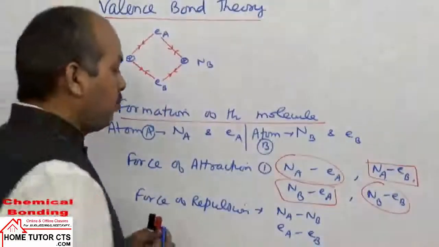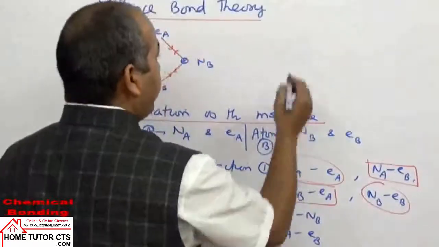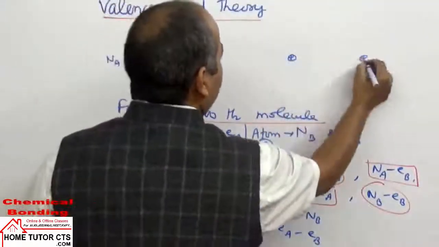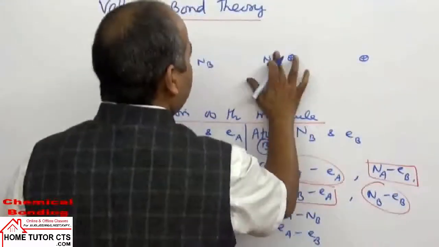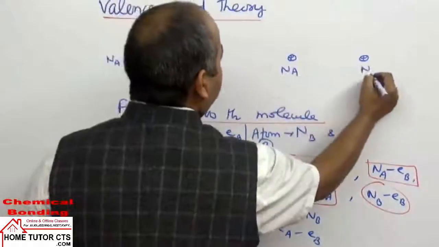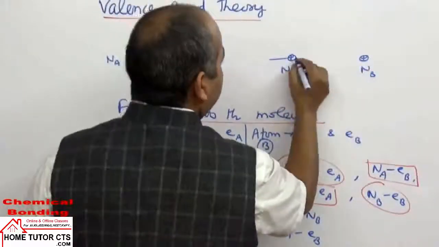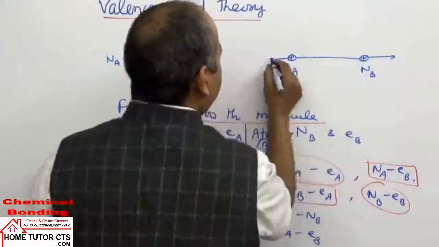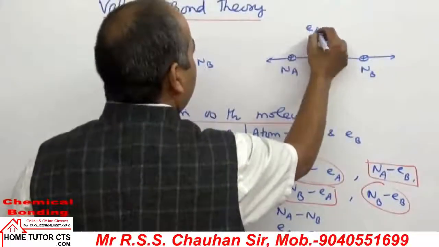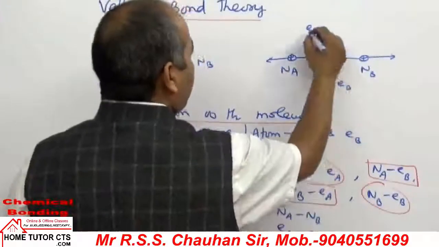Now coming to repulsion forces. Repulsion force can take place between the nucleus of atom A and the nucleus of atom B. They repel. Electron of A and electron of B also repel.